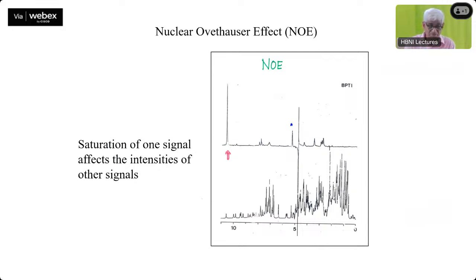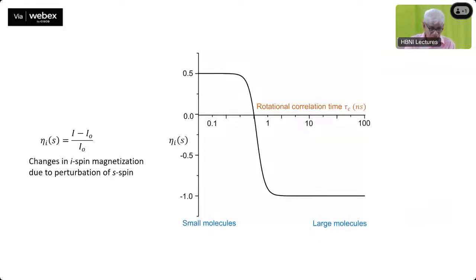Saturation of one signal affects the intensities of other signals, and this is because of the dipolar interaction transfer. Now this we have seen earlier, so just a repetition. Large molecules have negative NOEs, small molecules have positive NOEs, and this is given by these equations. I don't want to repeat that here.